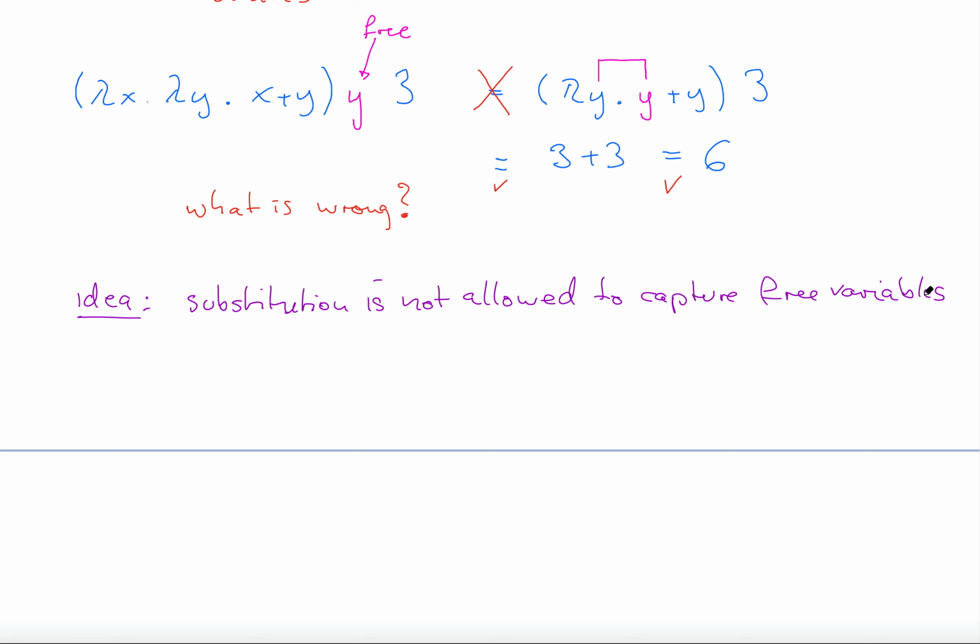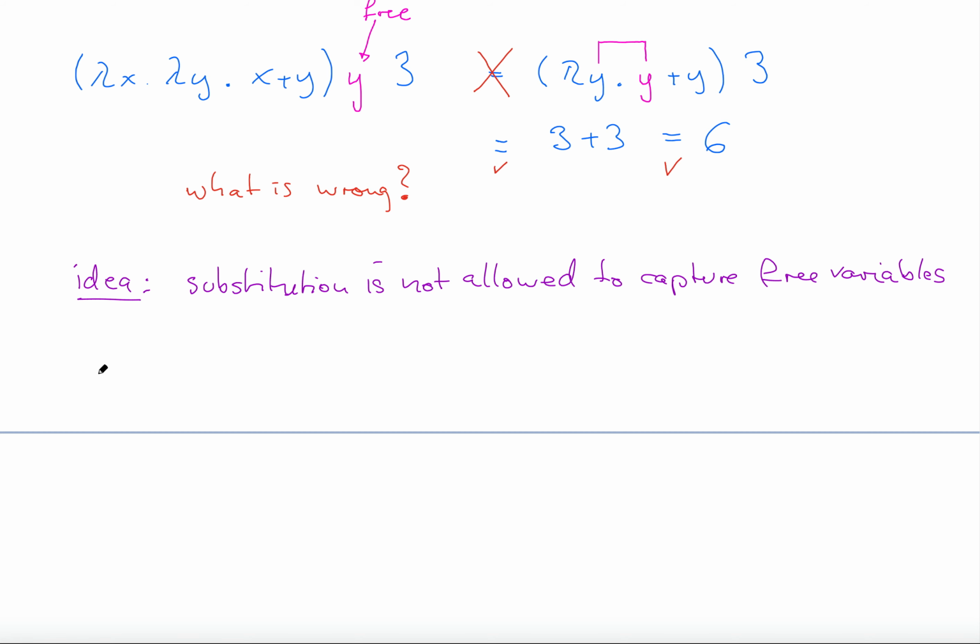So we modify the beta rule, which we have seen before, in such a way that we don't allow capture of free variables. But then this means that we need to add another rule to the semantics of lambda calculus. And the reason is that we still want to do our original computation, right? So if we have lambda x dot lambda y dot x plus y, and I apply this to y 3, then I still want to be able to reduce this to y plus 3, right?